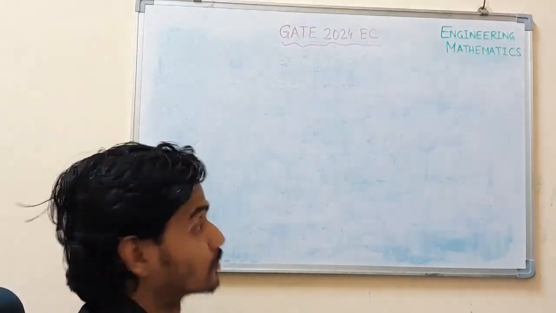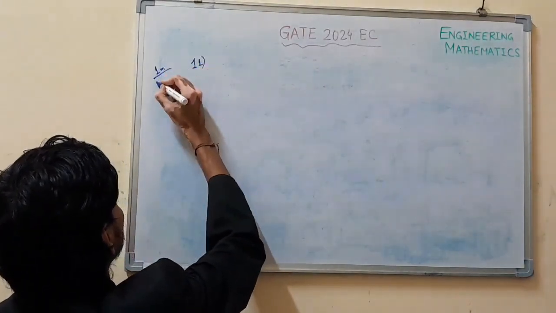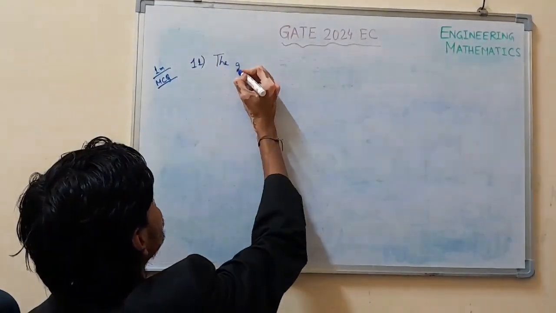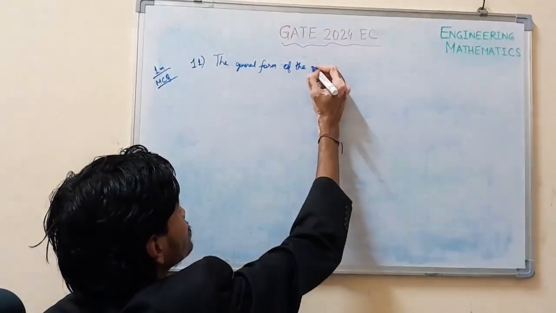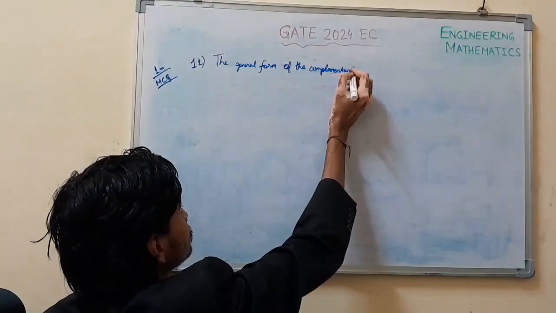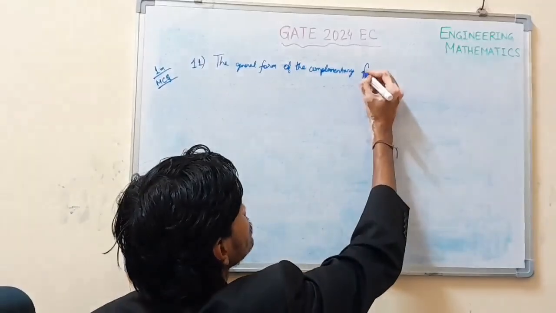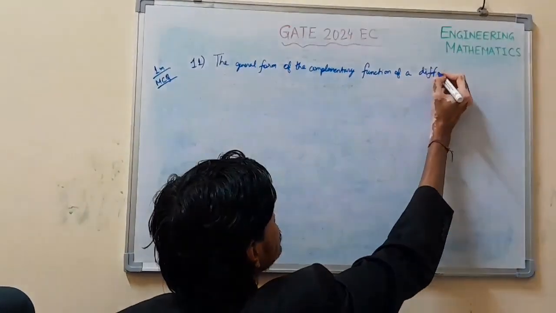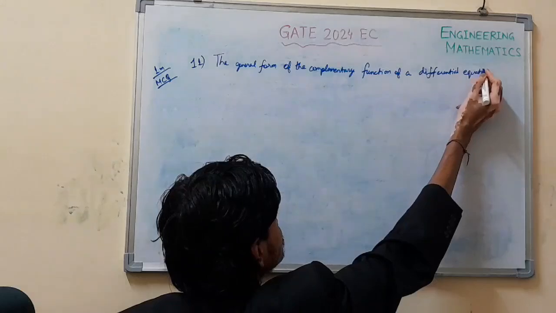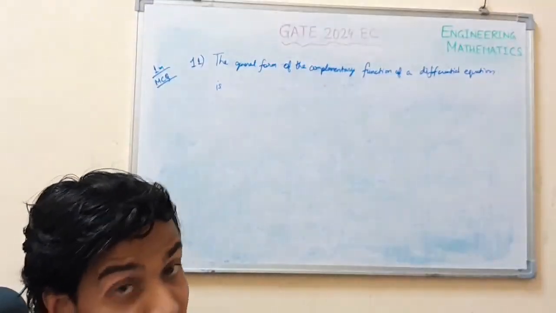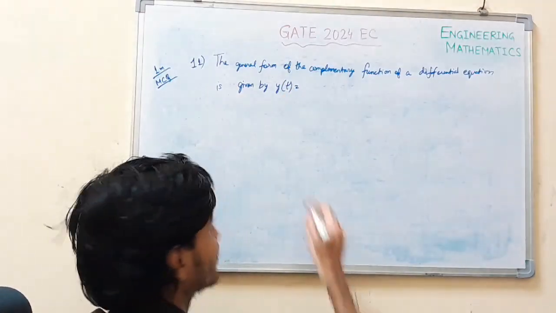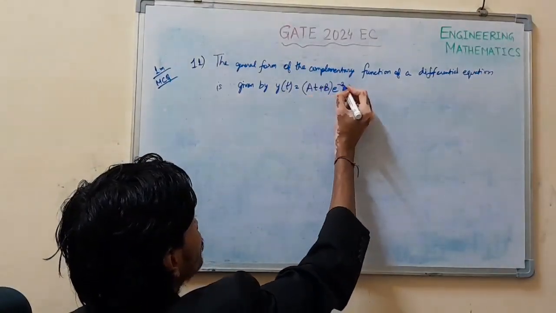MCQ type is as follows. Question number 11. Given the general form of the complementary function of a differential equation is given by y of t equal to (at plus b) e to the power minus 2t.